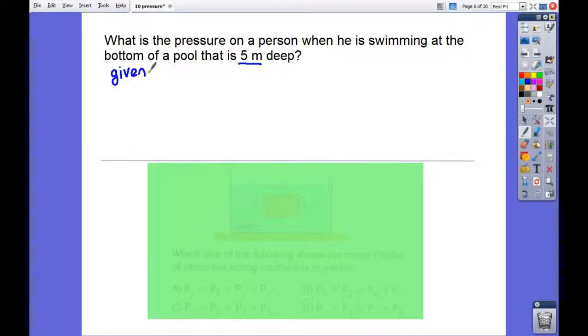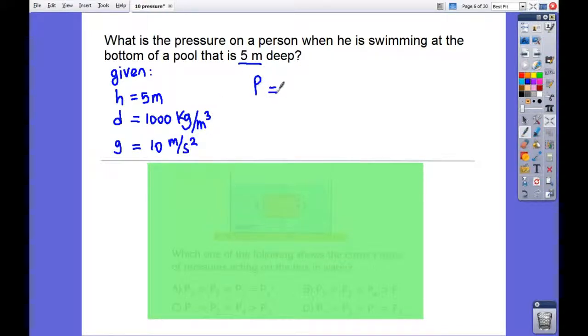So from the information given, h is 5 meters. The density of the water is, as we know, 1000 kilograms per cubic meter, and the gravitational acceleration is 10 meters per second squared.